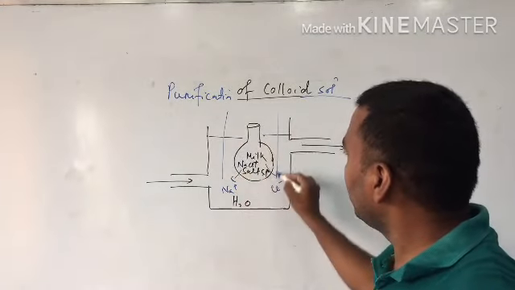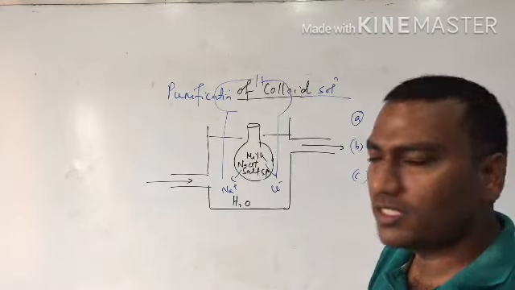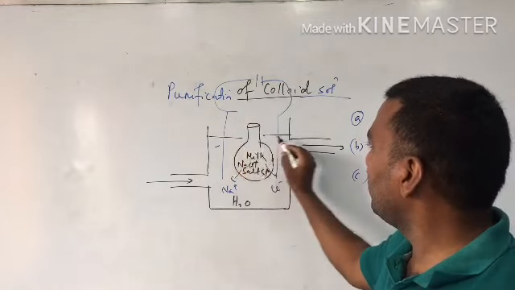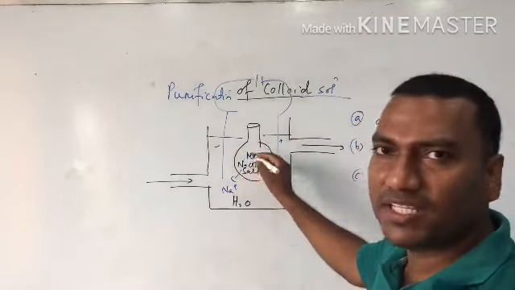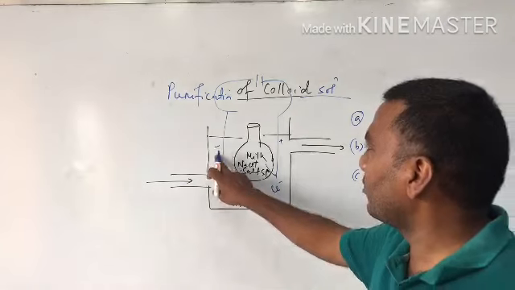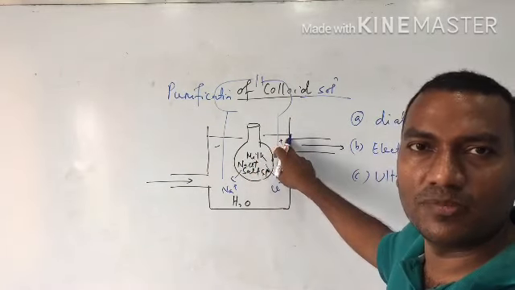That's why we connect a wire and apply electricity. Suppose this is the negative electrode and this is the positive electrode. Whatever Na+ is present inside this container will be attracted towards the negative electrode, and all negative ions are attracted towards the positive electrode.